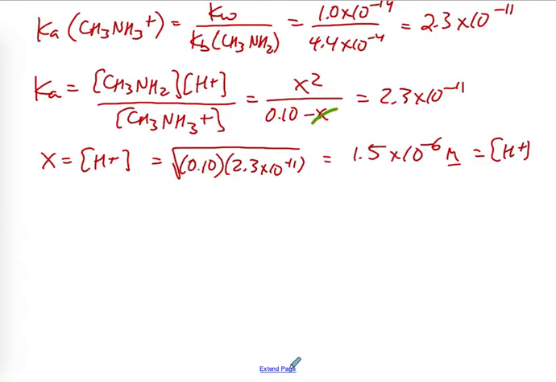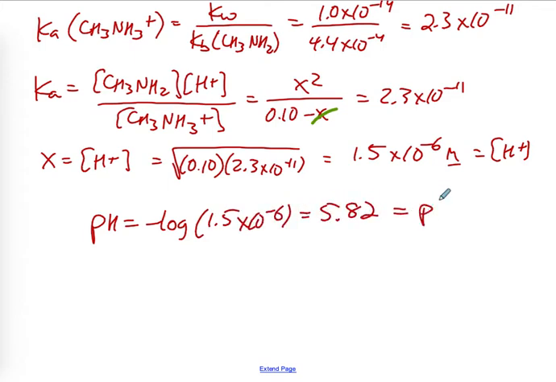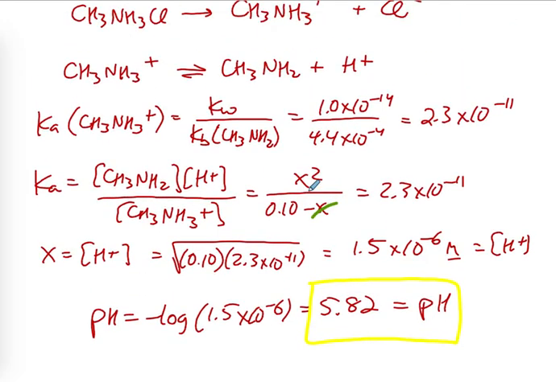So pH is the negative base 10 logarithm of 1.5 times 10 to the negative 6, or 5.82. Again, please express pH and pOH values with 2 digits after the decimal point, and that is consistent with an acidic solution.